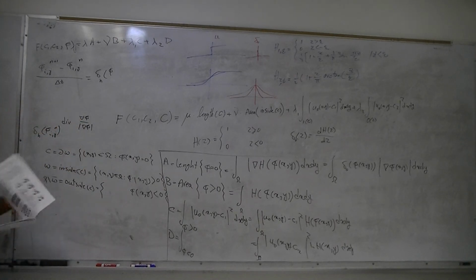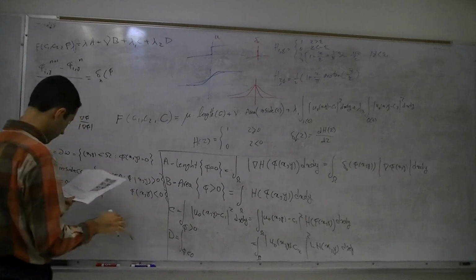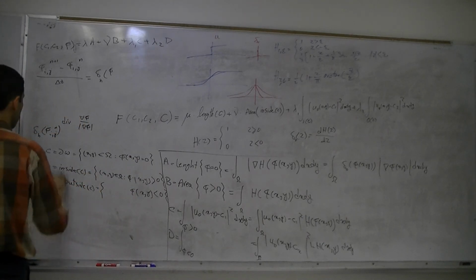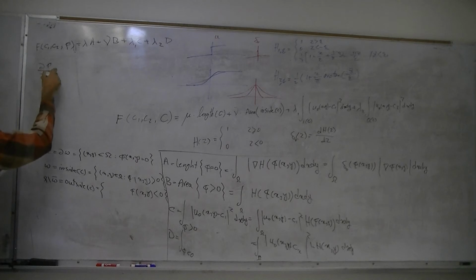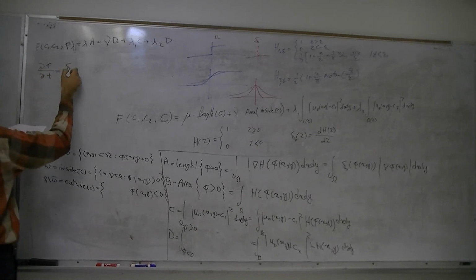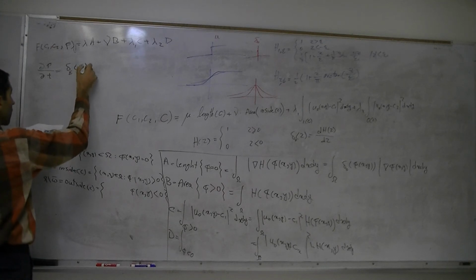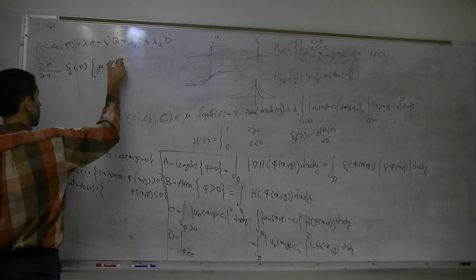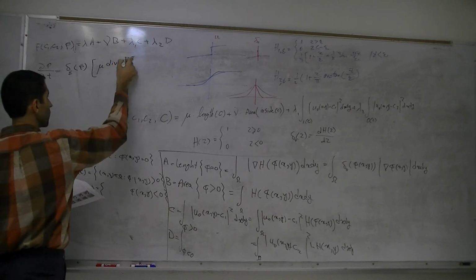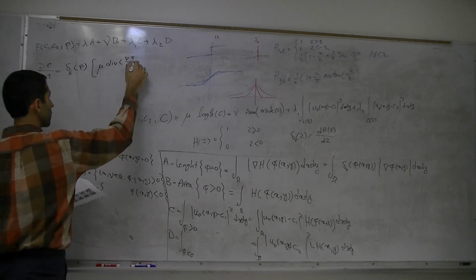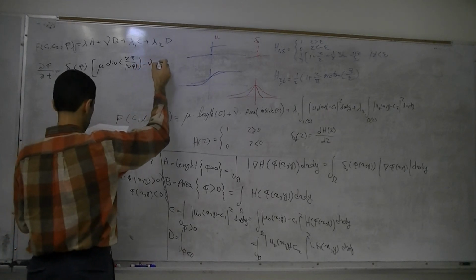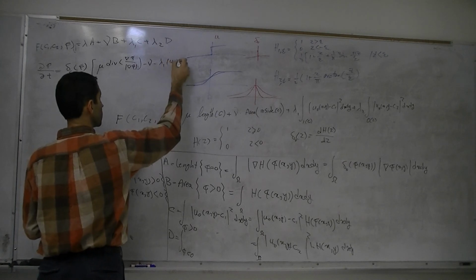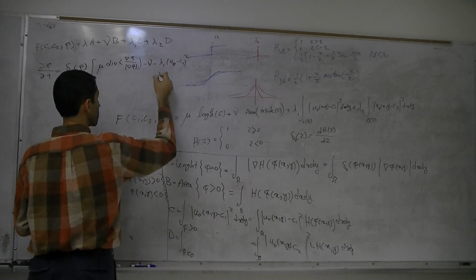In the original one, write it on the row: the partial derivative of phi over t is equal to delta of phi times mu times divergence, minus nu, minus lambda 1 times (u0 minus c1) square plus lambda 2 times (u0 minus c2) square.